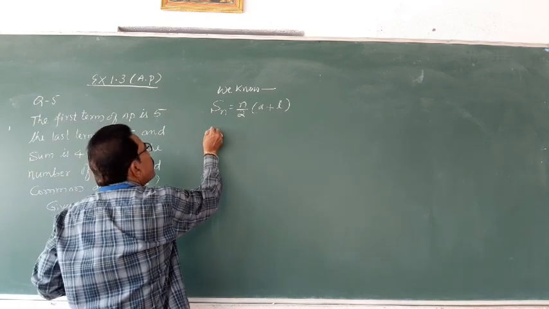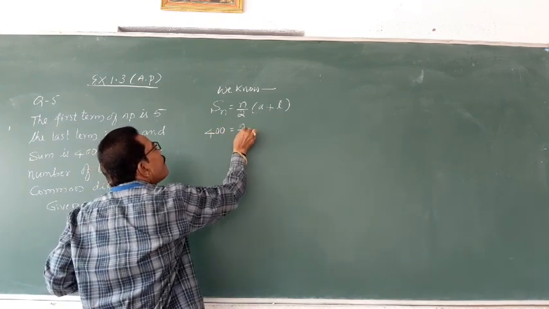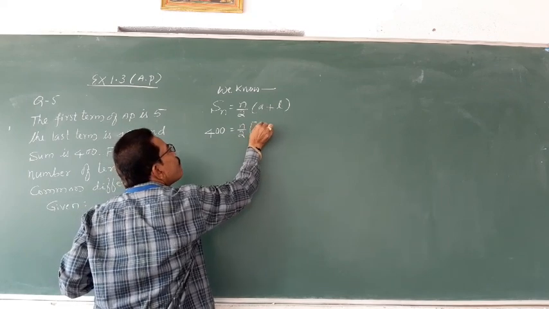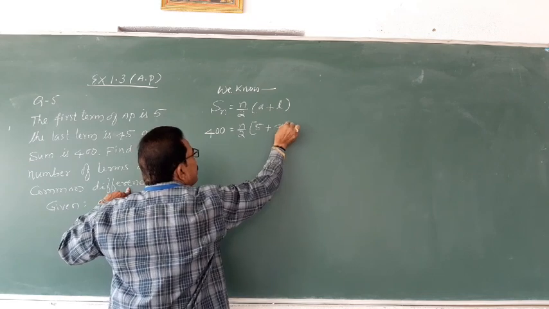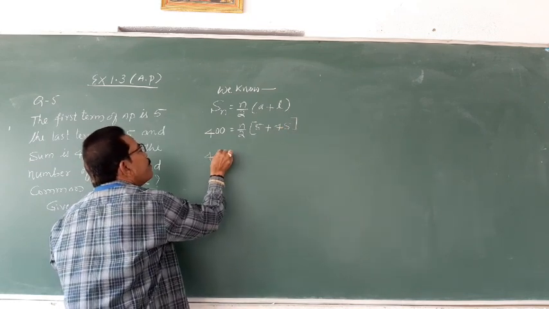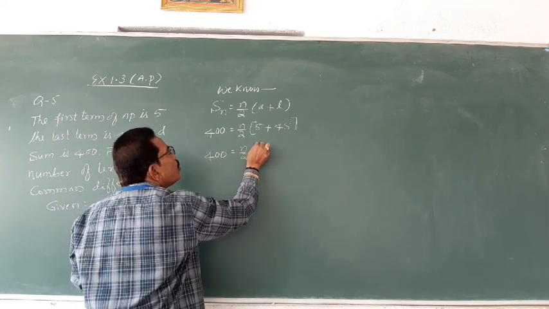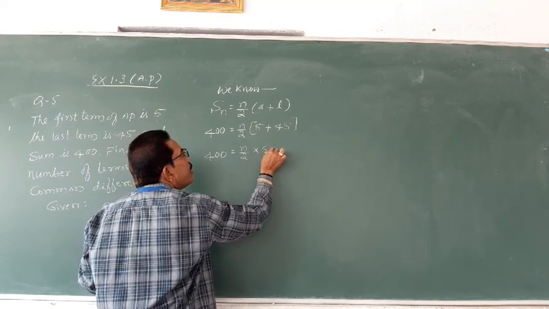So Sn is 400 equals n by 2 in the big bracket a, 5, plus the last term 45. So 400 equals n by 2 into 45 plus 5, that is 50.